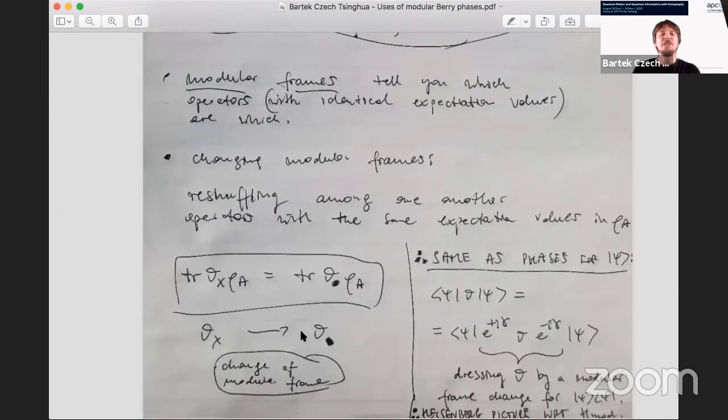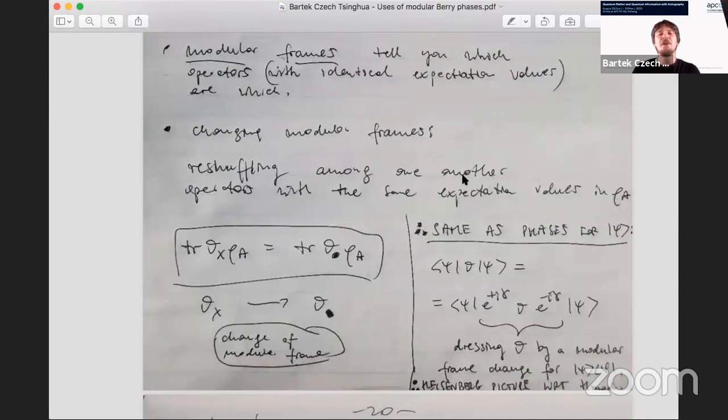Changing modular frames means reshuffling among one another the different operators which have the same expectation values in rho A. So going from this O to this O, if they have the same expectation values, is really a change of modular frame. Notice that this is very much like changing phases for phi, okay? If I have some operator, and I want to compute its expectation value in the state phi, I could say, what if I change the phase of phi?